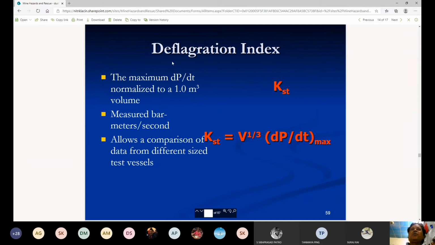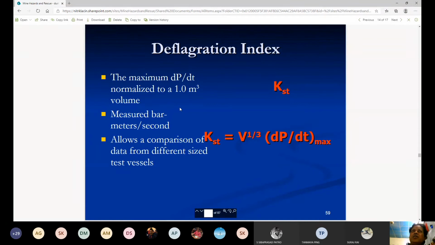Then you determine the deflagration index KST. In the previous class also we have seen this KST. KST is the deflagration index, which is nothing but V to the power 1 by 3 multiplied by dP by dt. If you multiply V to the power 1/3 by dP by dt, you will get KST, the deflagration index.